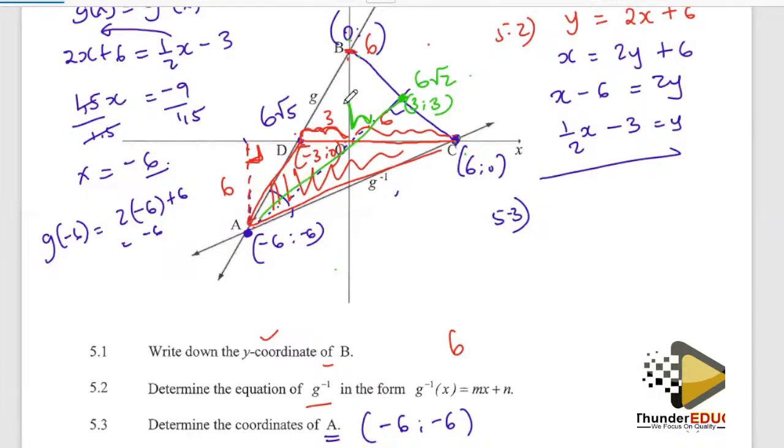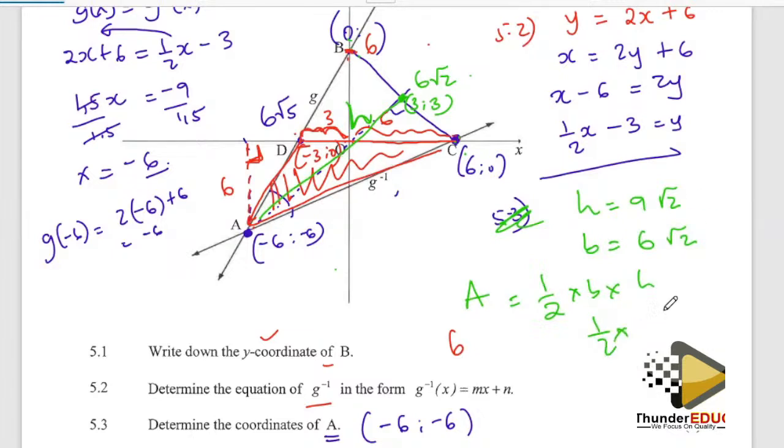I'm getting 9 root 2 as my height. So that's 9 root 2. My base is 6 root 2. And the area is a half times base times height. So 6 root 2 times 9 root 2, 6 times 9, still getting the same thing, 54 units.